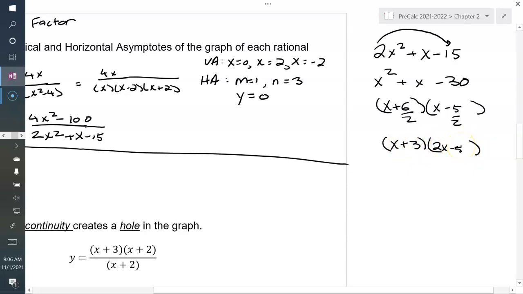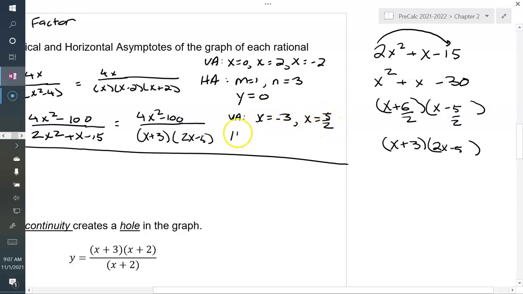All right, so now I have 4x squared minus 100 over x plus 3 and 2x minus 5. So my vertical asymptotes for this one are at x equals negative 3 and x equals 5 over 2.